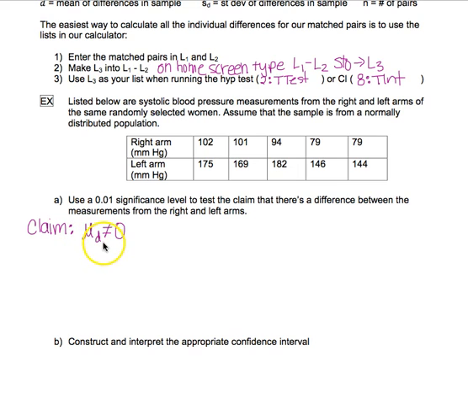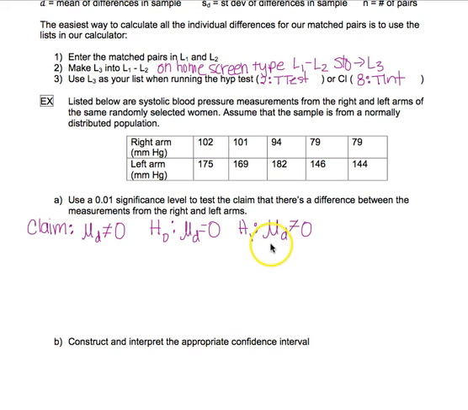We would say mu sub d greater than 0 if we were saying right arm bigger than left arm. So in this case, because it's just saying there's a difference, that means that the mean should not be 0. So that is our claim. Our null hypothesis then is that mu sub d equals 0, and our alternative is the same as the claim.